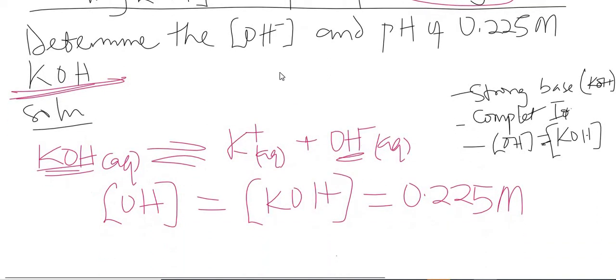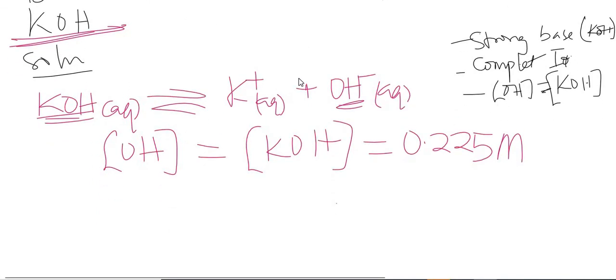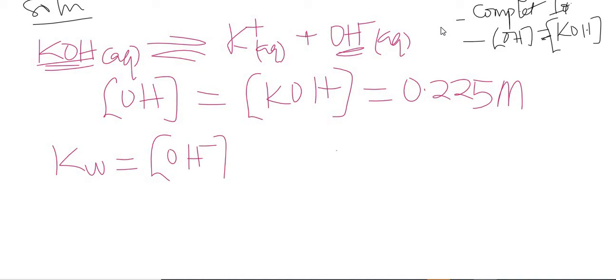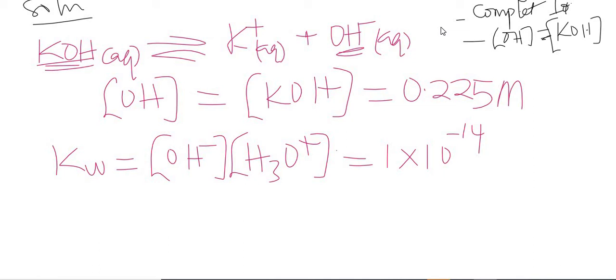So that gives us the concentration of hydroxide ion, and we want to find the pH. There are two ways we can find the pH. The first way is to use the Kw of water, which is the hydroxide ion concentration multiplied by the hydrogen ion concentration, giving 1 times 10 to the negative 14.